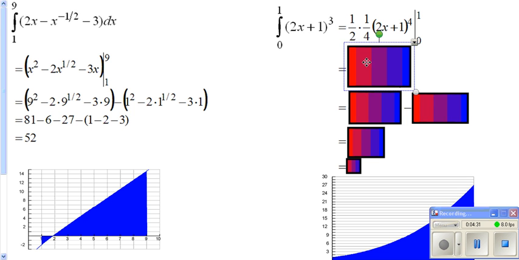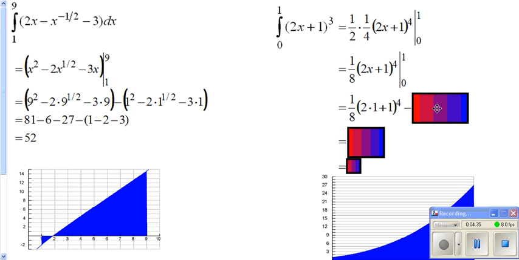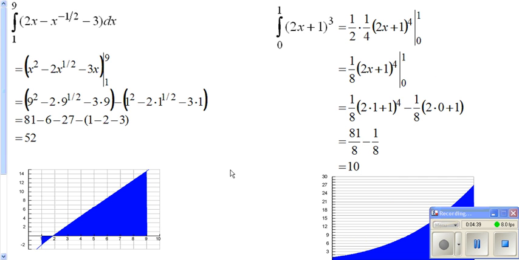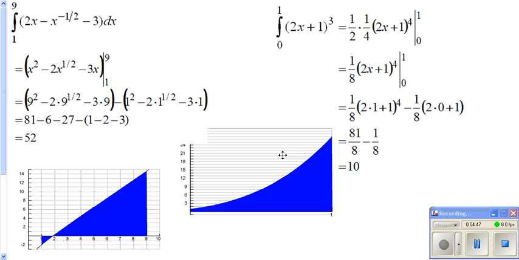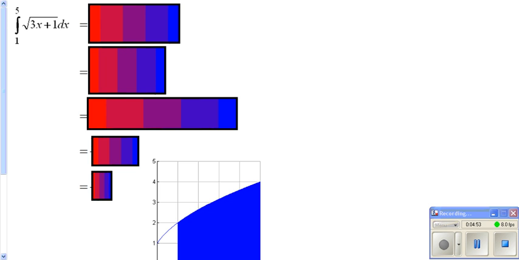So really it's just a 1/8 in front. Plug in your 1, plug in your 0, subtract them, get 10. So for your original problem here, the area underneath this curve shaded down here in blue is just plain old nice normal 10.